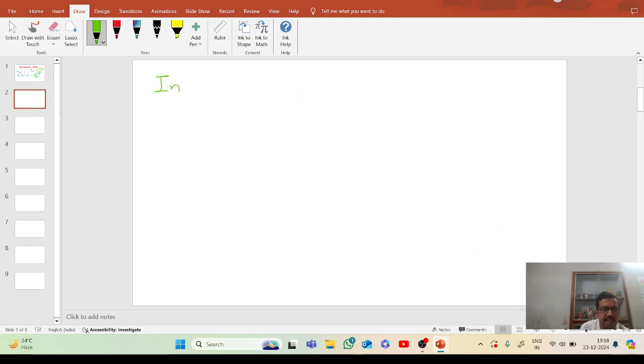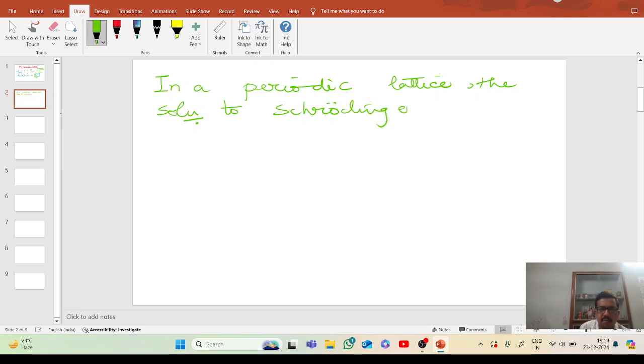In a periodic lattice, the solution to the Schrodinger wave equation is given by Bloch's theorem.